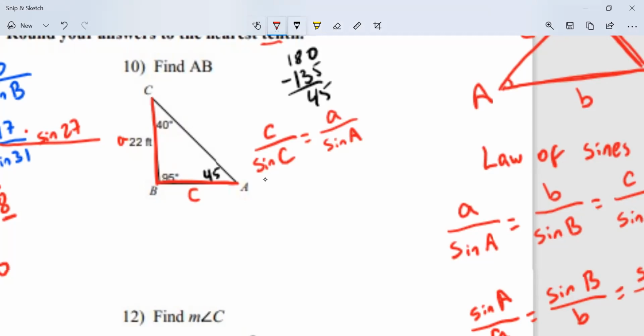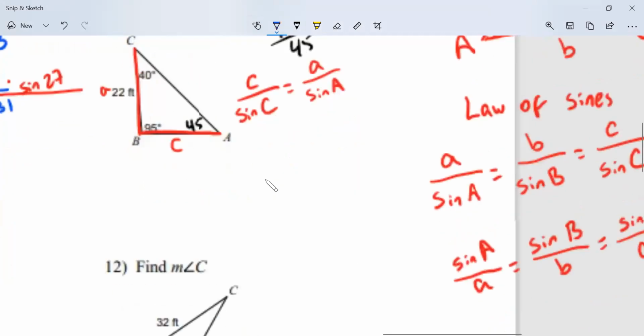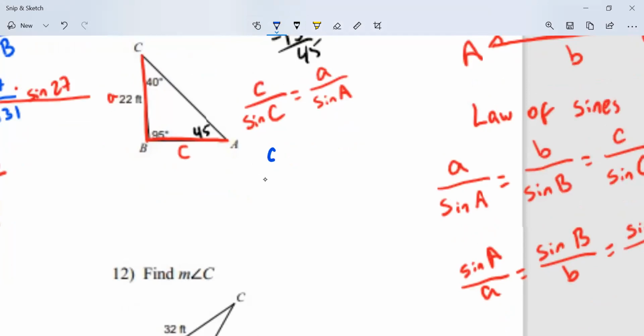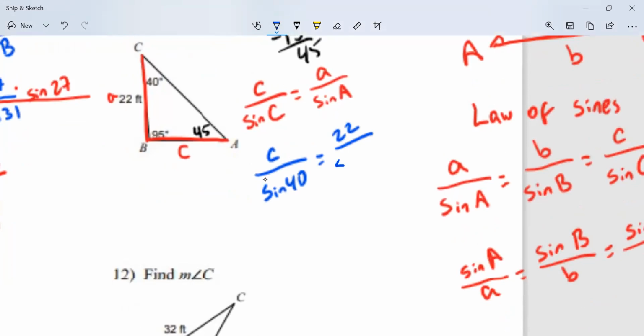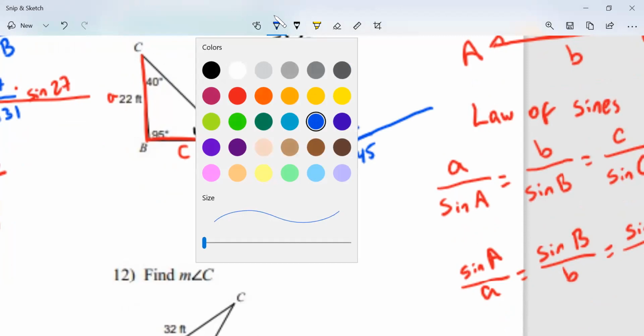Side C, I have no idea what it is. That's what I'm solving for. So I'm just going to call it C over sine of 40 degrees is equal to 22 over sine of 45 degrees. On the right side, let me make this a big fraction and extend the bar.